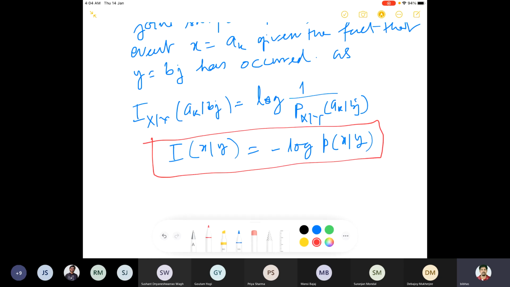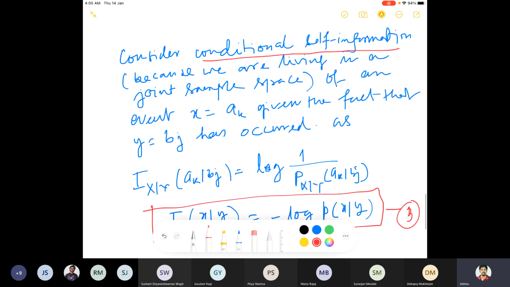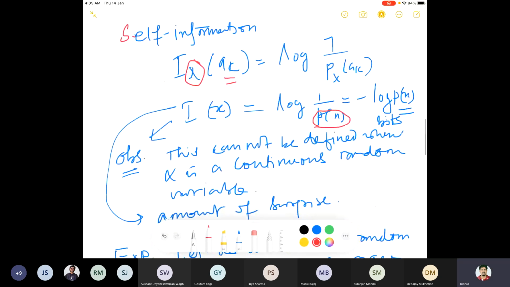Let's say this is equation 3. And recall the definition of Ix, let's say this is equation 2.